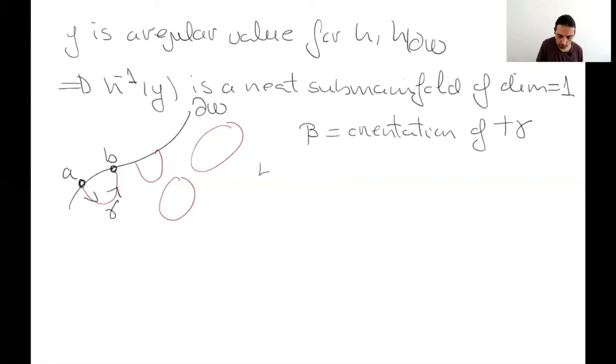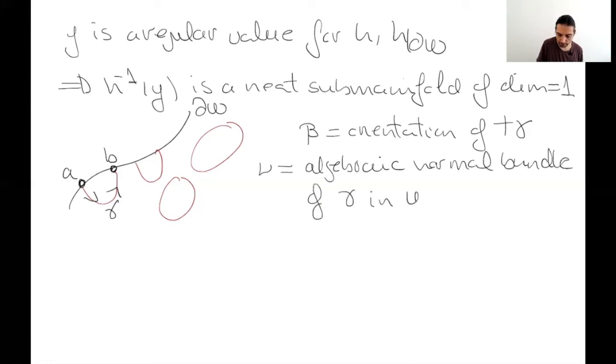We are going to consider nu, which is going to be the algebraic normal bundle of gamma in W. And it is interesting because the fiber at the point A or B can be identified with the tangent space of the boundary.